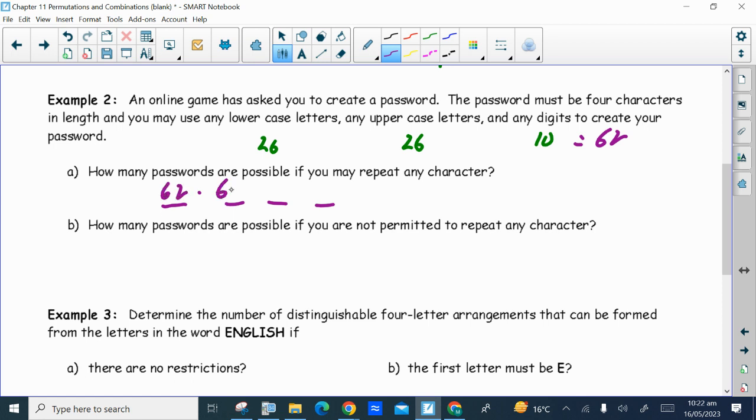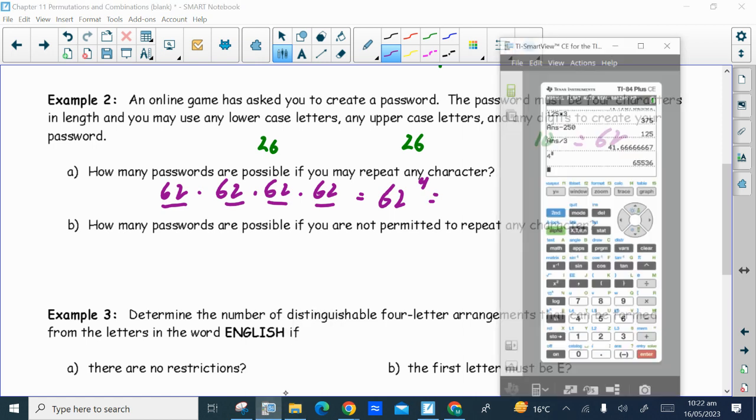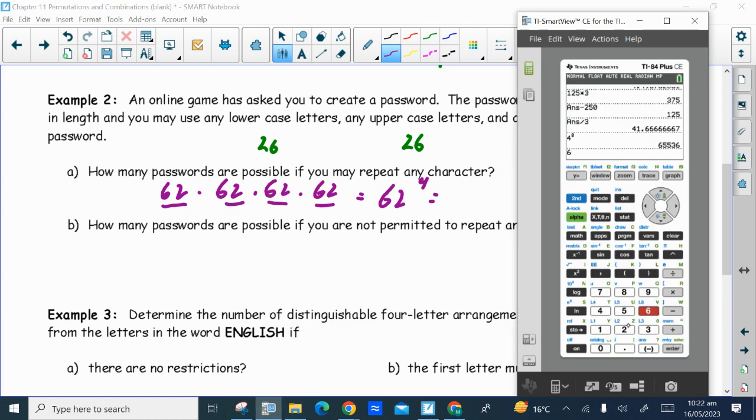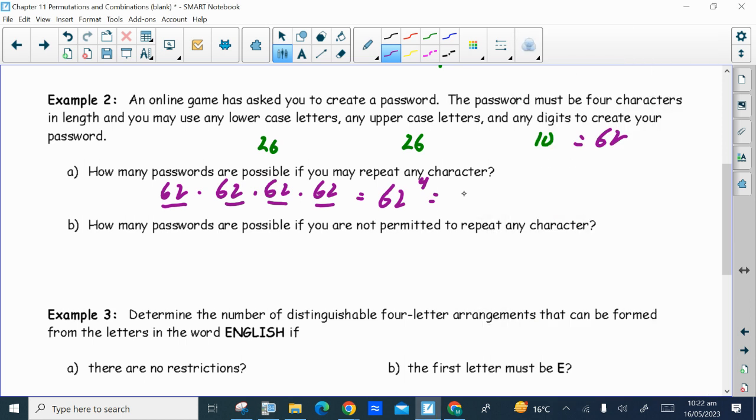So this would be 62 multiplied by itself 4 times, or 62 to the power 4. Either way, this will be the number of passwords that are possible. So big number, over 14 million. 14,776,336.